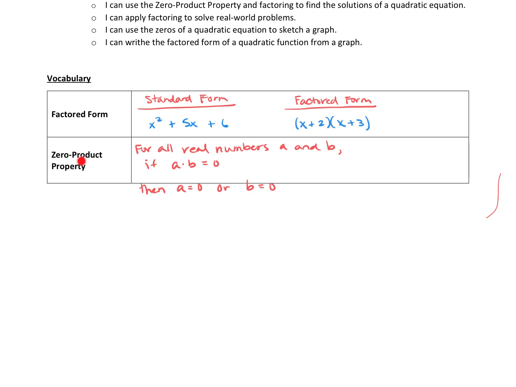So zero product is multiplication. So what we're saying is we're multiplying two things together. And when you get 0 as your answer, the only way to get 0 as an answer with multiplication is if you actually are multiplying with a 0. So the two things you're multiplying, either a equals 0 or b equals 0, or it's possible they both equal 0. So we will apply that zero product property in our first example.